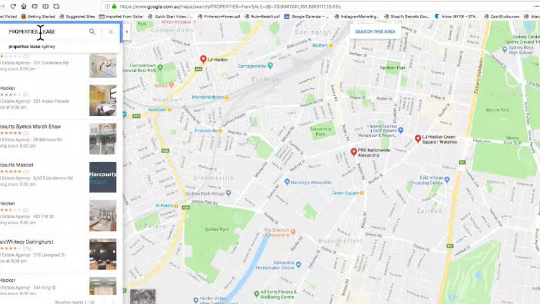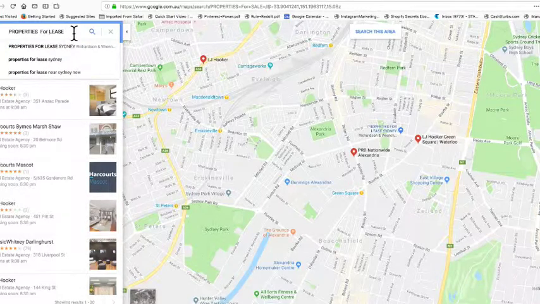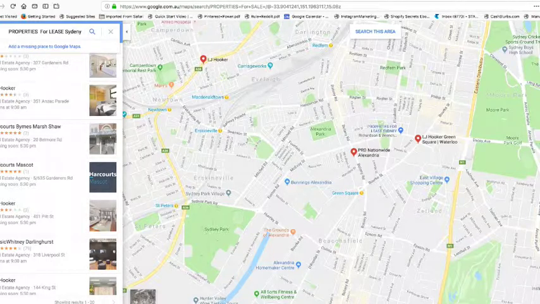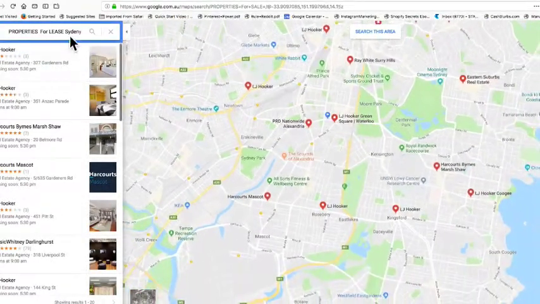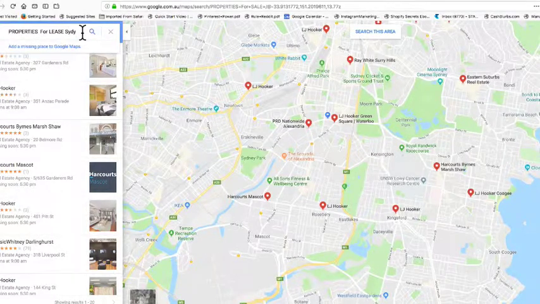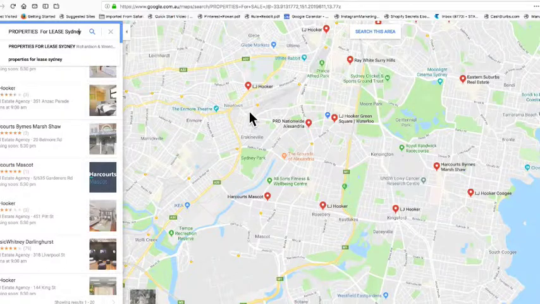In order to do that, for properties for sale, we have to use rather properties for lease Sydney. So I'm going to put that in. But this is whatever you want it to be.